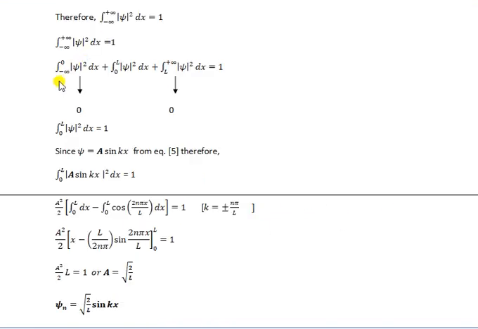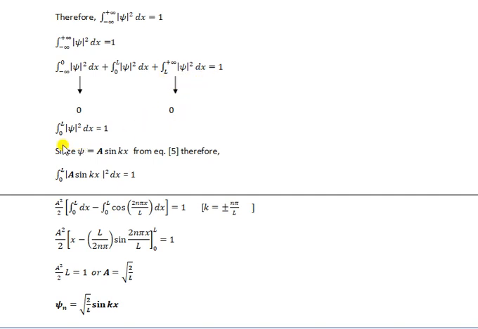When x varies from minus infinity to 0, the potential energy is infinite, means the probability of finding the particle is 0. It means psi equal to 0, so this term becomes 0. Similarly, when x varies from L to infinity, the potential energy is again infinite, so the probability of finding the particle is 0, means psi equal to 0, so this term is 0.